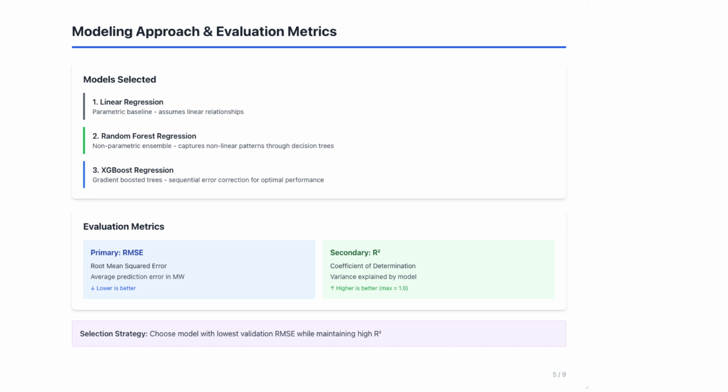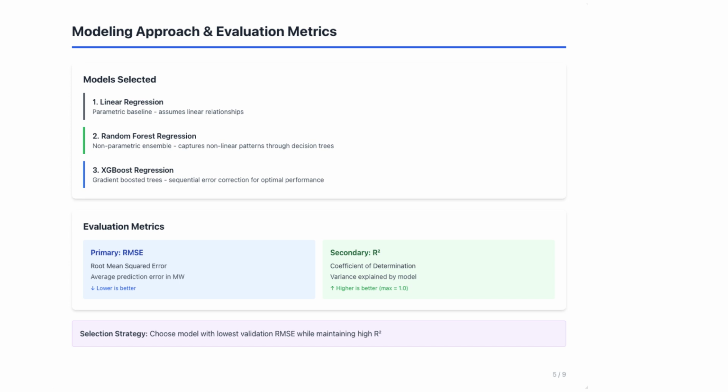As for evaluation metrics, I ran 3. However, we have used 2 here as primary evaluation metrics. The RMSE, root mean squared error, is the average prediction error. The lower, the better.